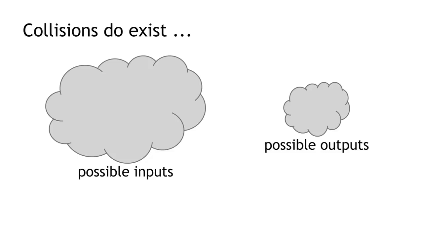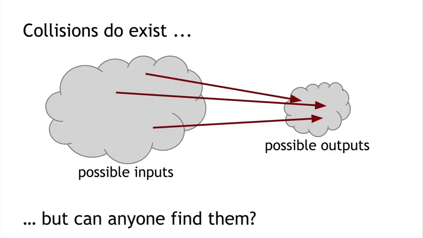So on the right-hand side, the outputs, there are only 2 to the 256 possibilities. Over here, there are more possibilities. If every point on the left is going to be mapped by an arrow to some point on the right, you can see that as you go from all the points on the left into the right, it has to get crowded, and in fact there have to be multiple values on the left that map to the same output on the right.